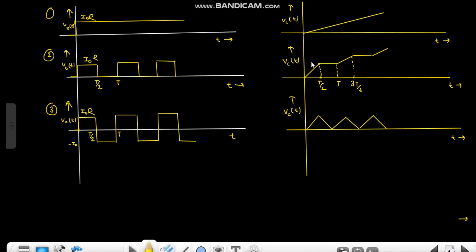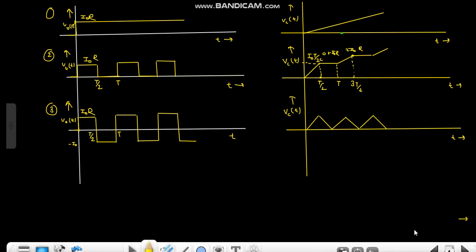Okay, I forgot to write the magnitude here, so it would be I naught T by 2C or I naught R, and here it would be 2 I naught R.